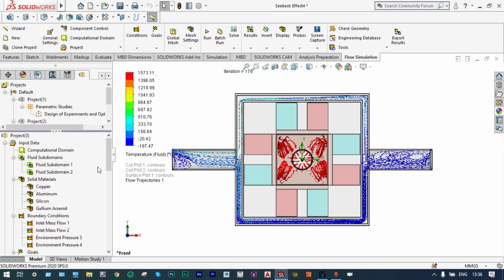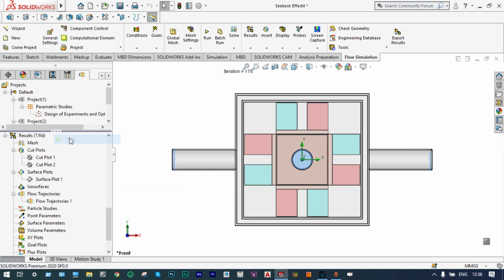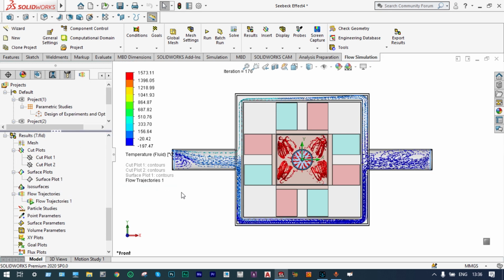Let us see these dynamics of flow particles in the form of an animation. Flow trajectories, let us play. You can see the flow particles of nitrogen liquid.